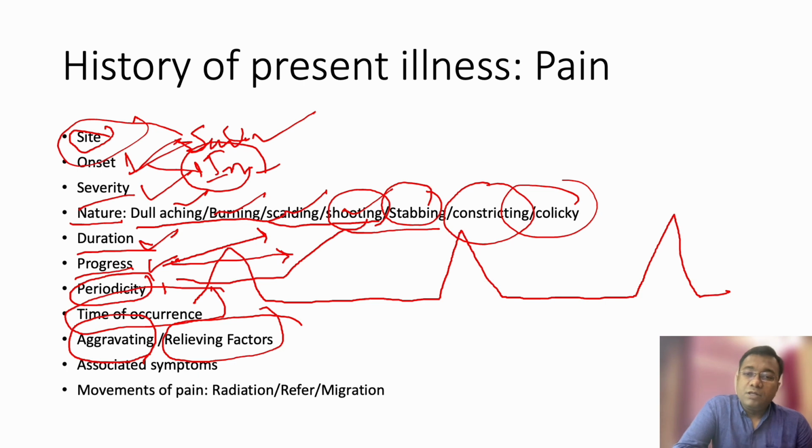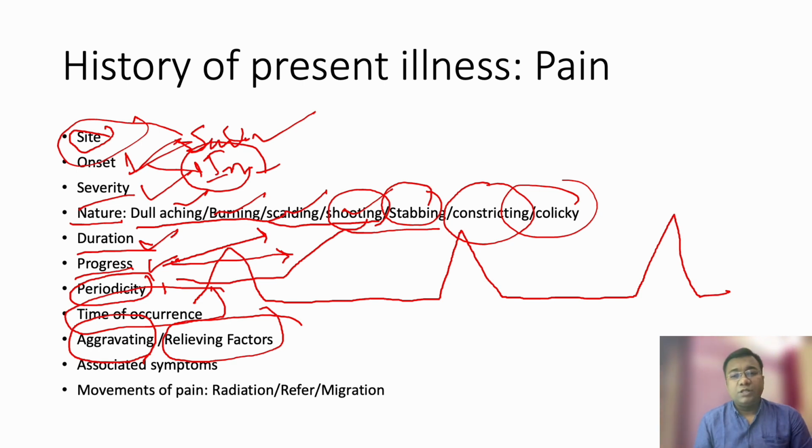Say, for example, in duodenal ulcer, prolonged fasting is associated with aggravation of the pain. And as a relieving factor, if the patient takes food, the pain is relieved. But in gastric ulcer disease, the food intake will increase the pain. In cholecystitis or gallbladder related pain, when the patient takes fatty food, the pain increases. So these are all aggravating and relieving factors.